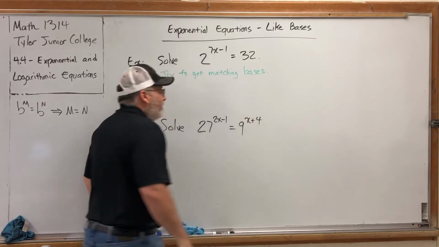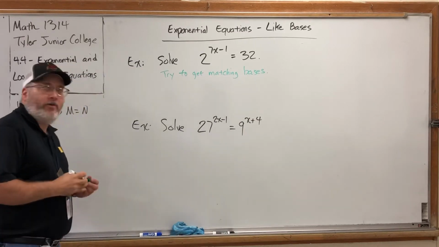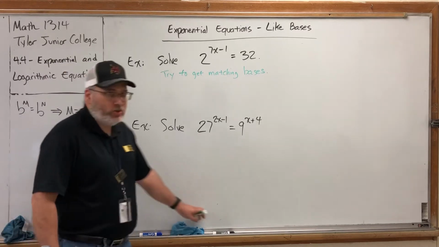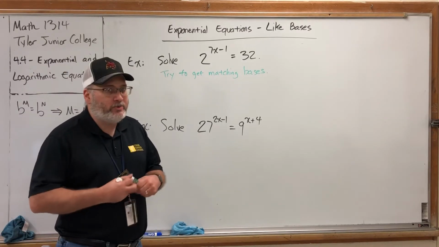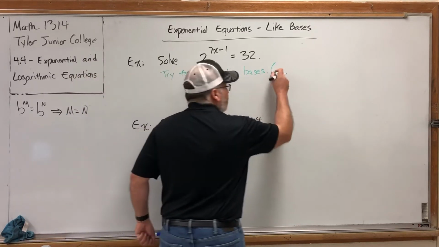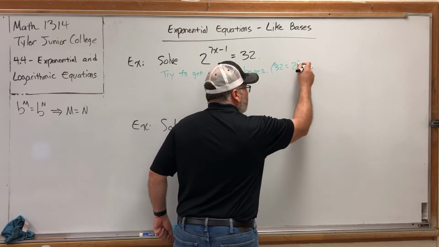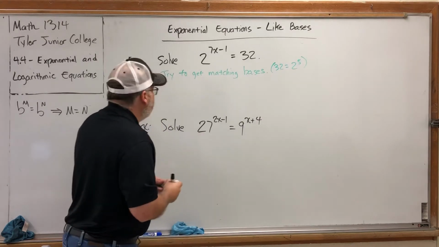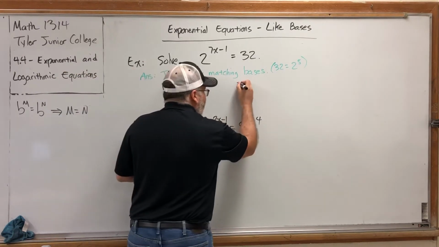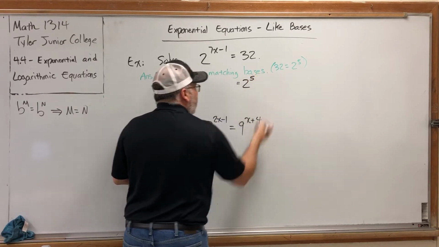Can we rewrite one number as a power of the other? Yes. We can rewrite 32 as a power of 2. You may recall from previous videos that 32 is 2 to the 5th power. That means that we can rewrite the right side of the equation as 2 to the 5th power.